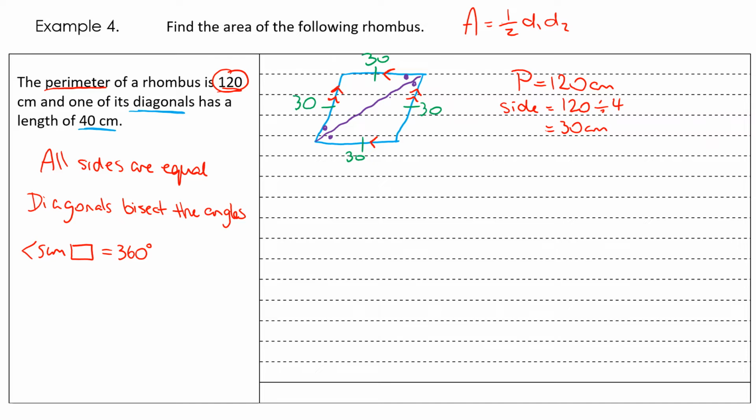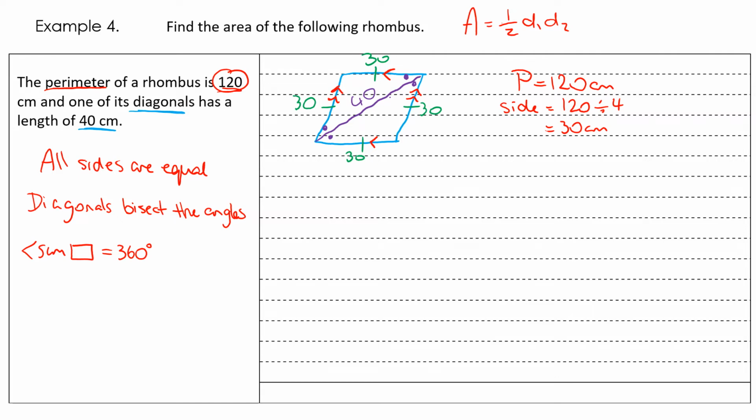Okay, now one of the diagonals is 40 centimeters long. I don't know which one it's going to be, the shorter one or the longer one. I'm assuming it's going to be the shorter one, I might be wrong, but I'm going to draw it on the longer one only because I've already drawn the longer one.